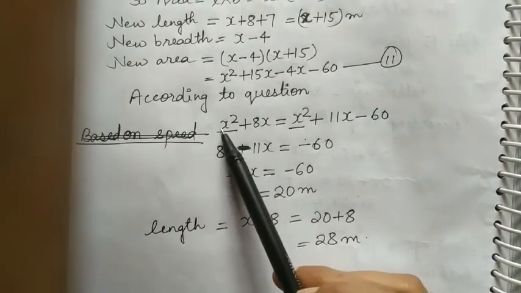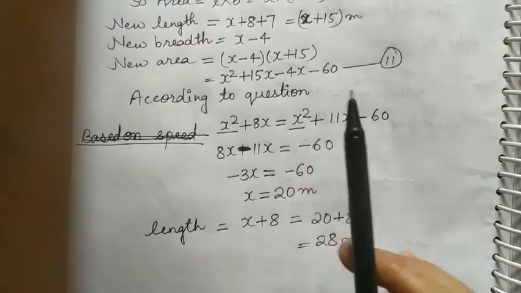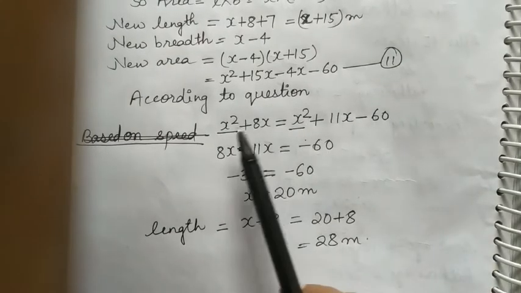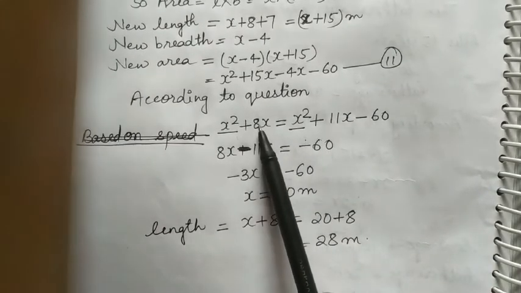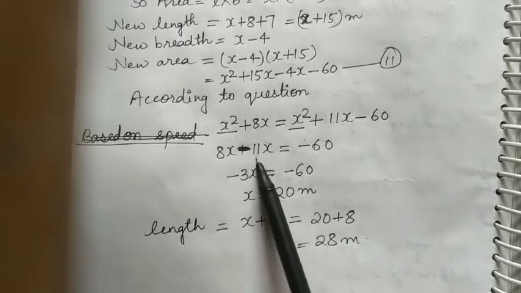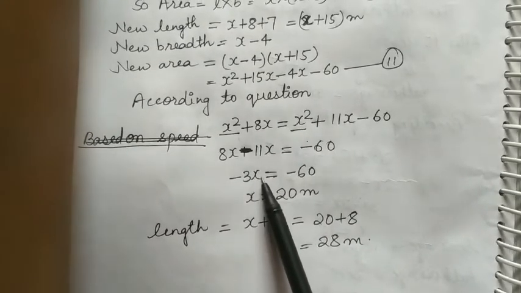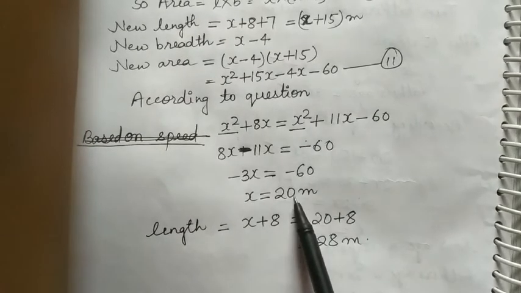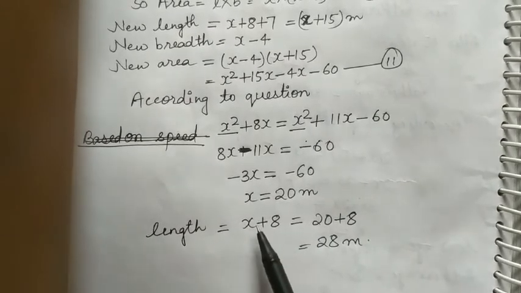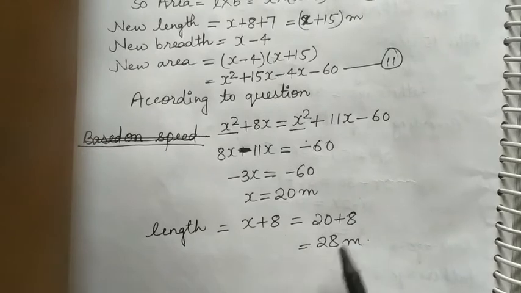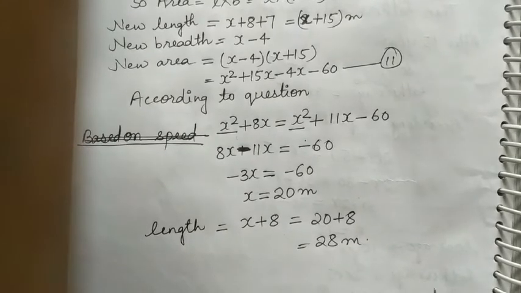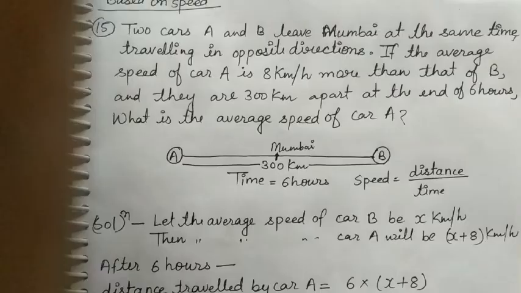You can see x square cancels x square on subtraction, so we will not write both terms. And we get minus 3x equal minus 60, so x will be 20. For finding the length, x plus 8 will be 20 plus 8 and we get 28 meter as the length of the blackboard.